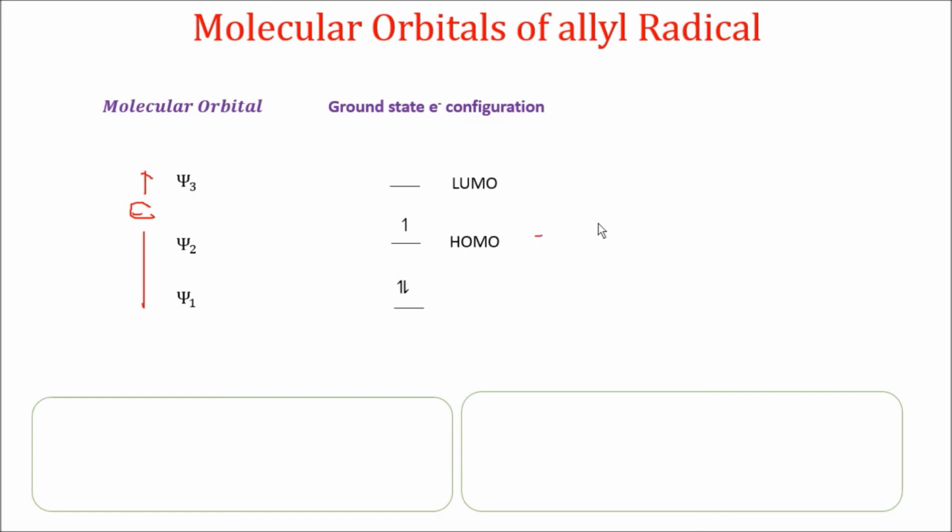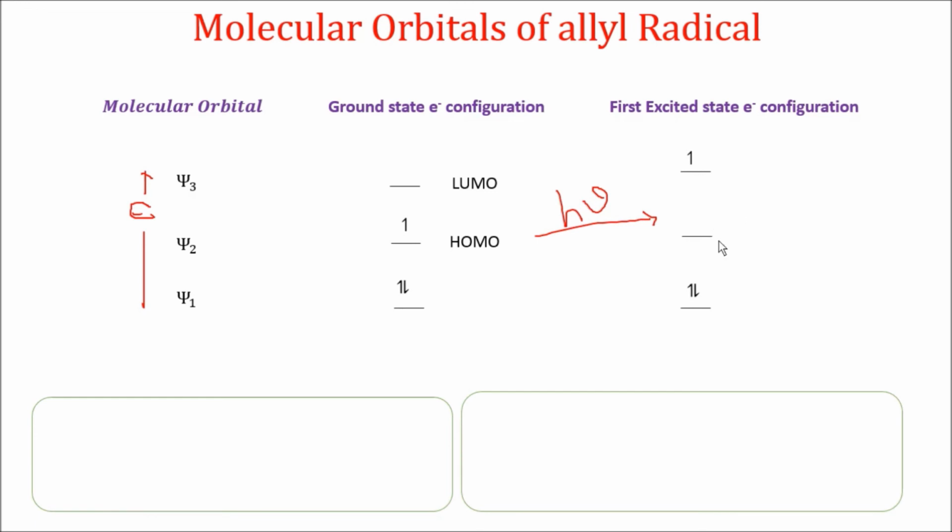Let's irradiate this allyl radical with light. Now we will get the first excited state. In the first excited state electronic configuration, the odd electron from Psi2 promotes to the Psi3 energy level.